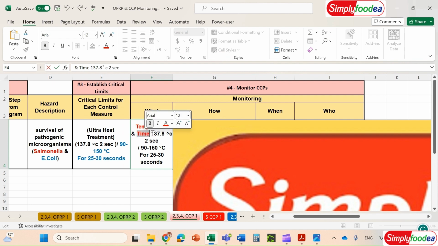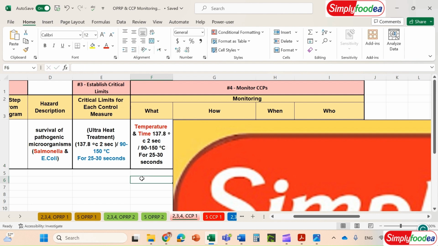What is our temperature? I have mentioned it. And time, 2 seconds. The other option is temperature from 90 to 150 Celsius and time 25 to 30 seconds. So in the pasteurization process, I'm monitoring 2 things: the temperature and the time.